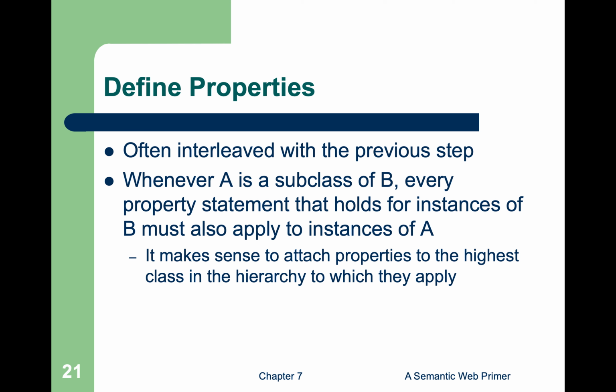Whenever A is a subclass of B, every property or statement that holds for instances of B must also apply to the instances of A. Based upon this rule, we have already created the taxonomy hierarchy. So it makes sense to attach a property to the highest class in the hierarchy in which it applies. Based upon this, we can identify which information the organization will need.